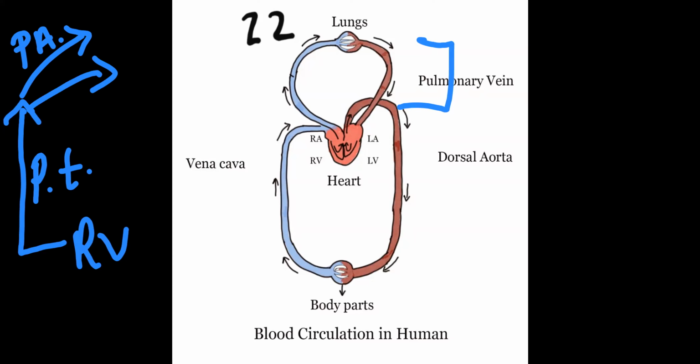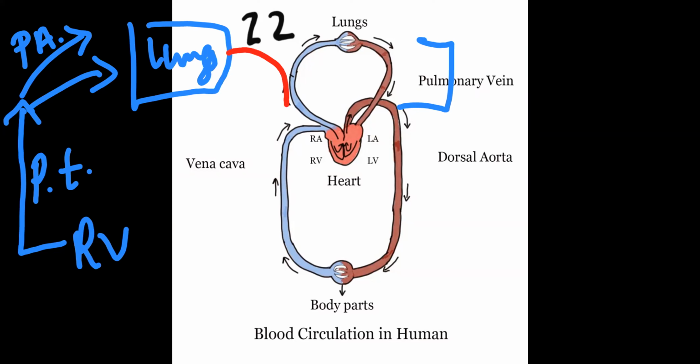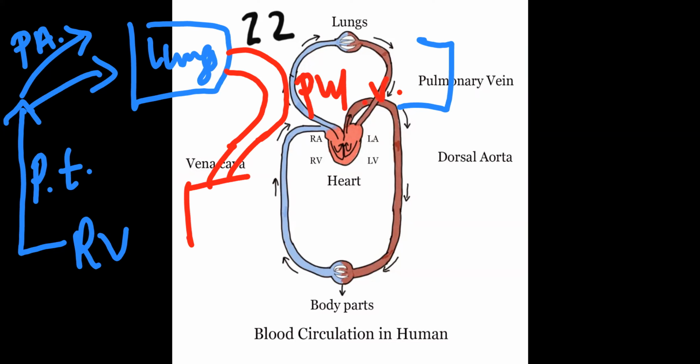They carry the blood into which one? Lungs. From lungs, blood is taken by which vein? Pulmonary vein. And pulmonary vein go and open into which part of the heart?